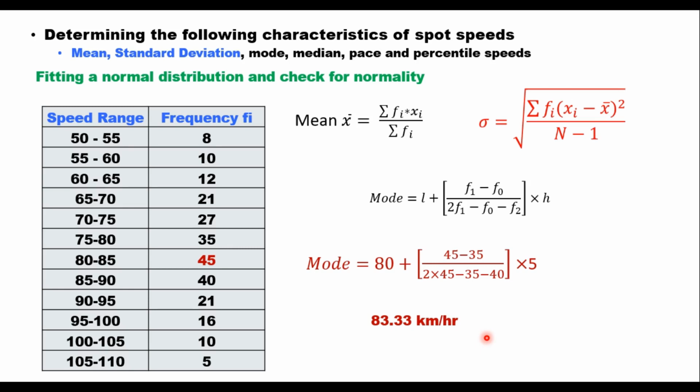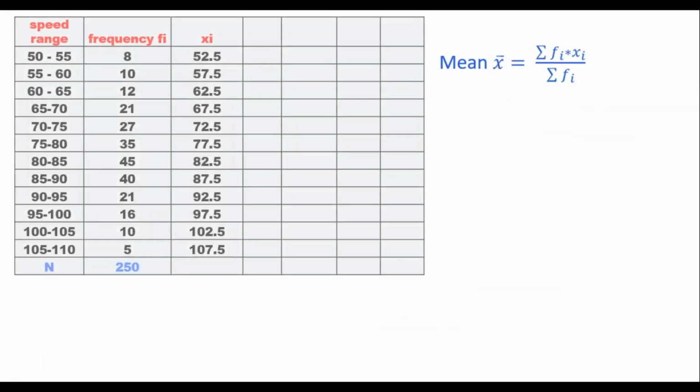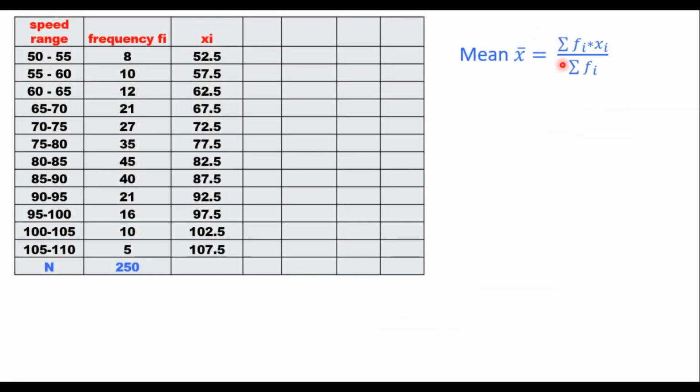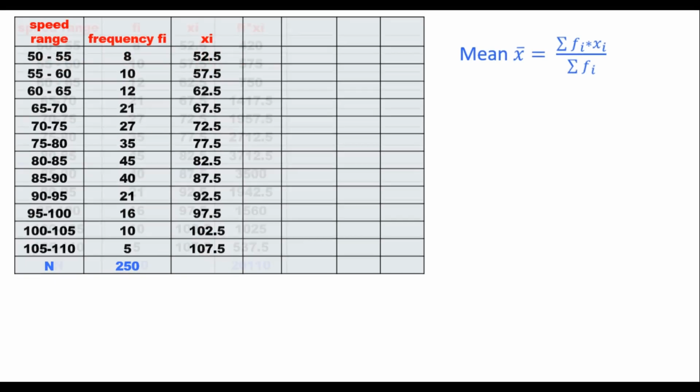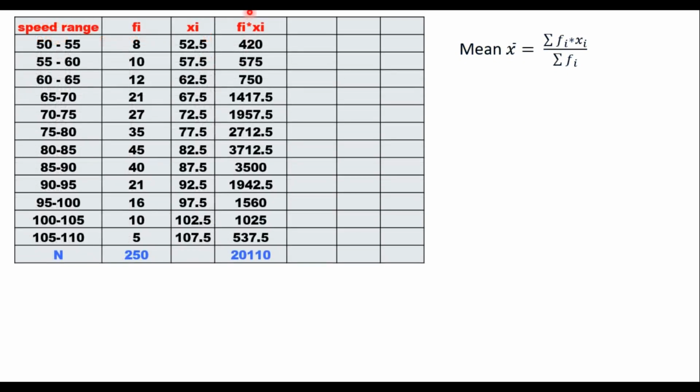Next, let us calculate now the mean, and mean, as I told you, is given by summation of fi into xi. So xi here is the midpoint of the speed range, 50 to 55, midpoint is 52.5. So you tabulate this, and then in the next column you multiply this fi by xi. So here we can multiply this and you get fi into xi in this column.